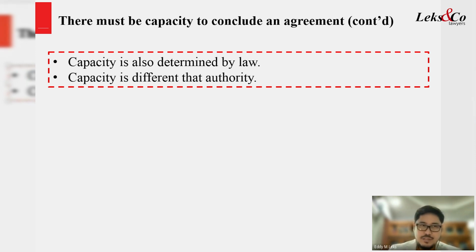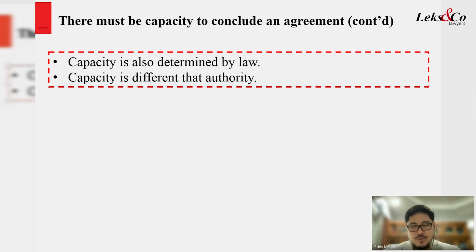When we are talking about capacity is talking about whether you are allowed to enter into an agreement, legally speaking. So whether you are mature already and you are not placed in any pengampuan, in any other authority, that's the capacity.